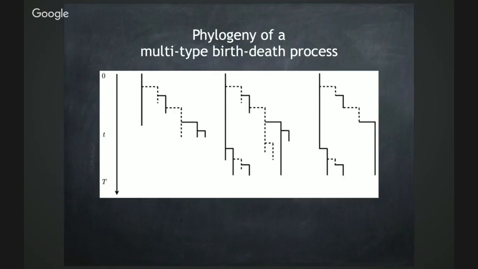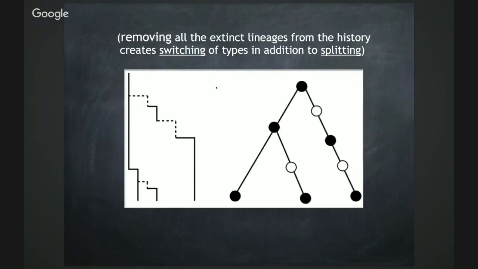So this is where the switches arise, because some of the parents' lineages just don't make it to today. And where they give birth to an offspring of a different type may appear as a switch in the history. So this is what creates a phylogeny where, even without any splitting of nodes, you can have a node just switch its color in the next generation going forward.